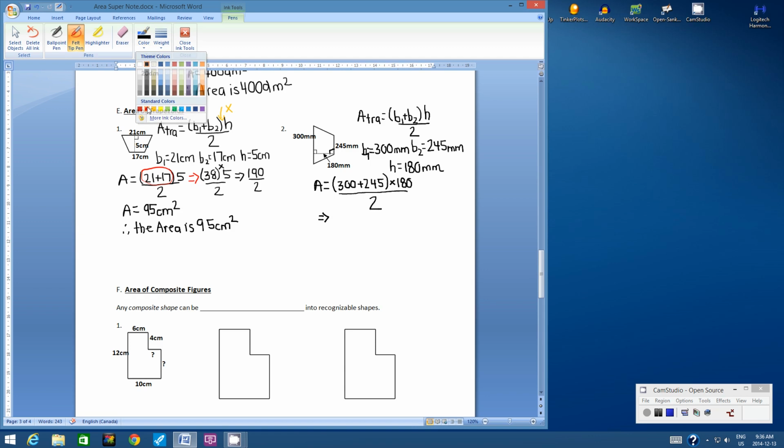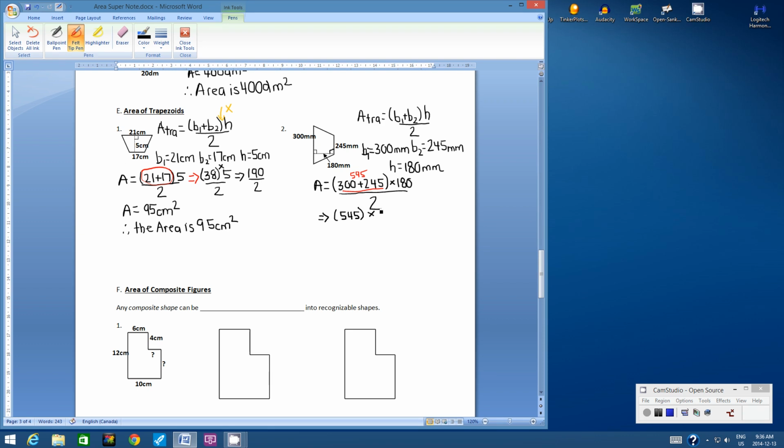Okay, now according to the rules of BEMDAS, we have to do brackets first. So using your calculator, what is 300 plus 245? Well, I got 545. So let's rewrite what we know. The bracket is 545. That's what we got for the bracket.